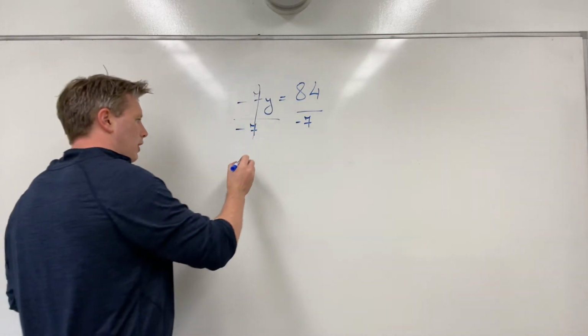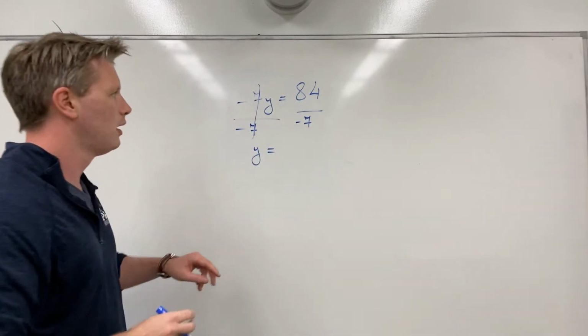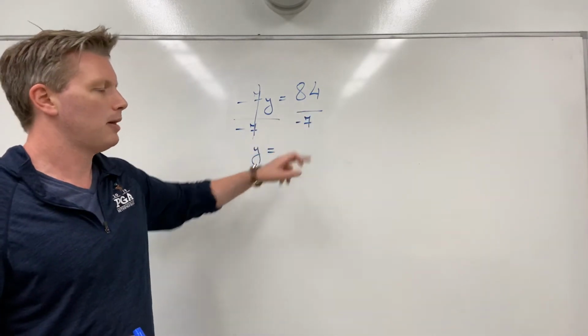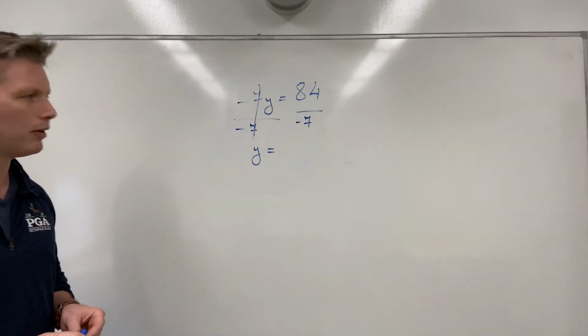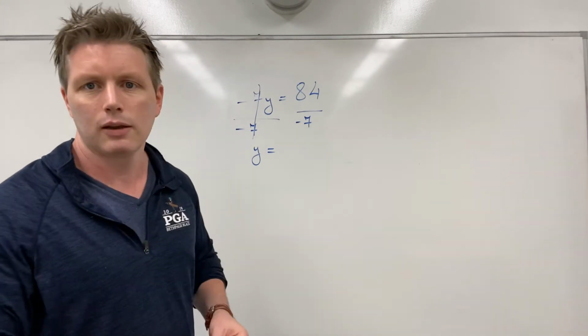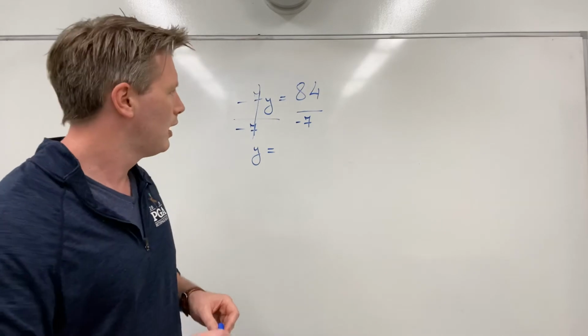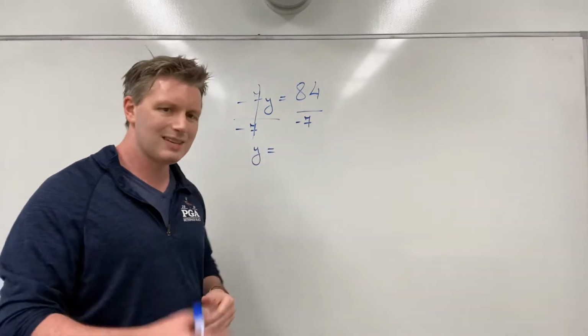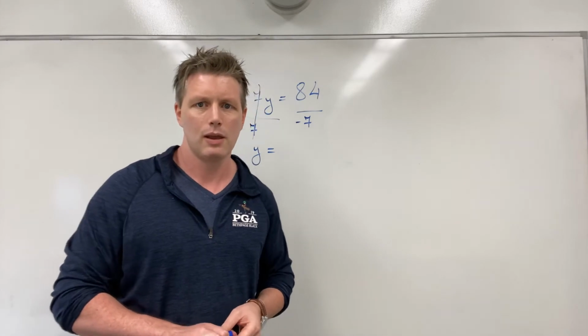And so I'll be left with, on the left-hand side, y is equal to 84 divided by minus 7. All right, 84 divided by minus 7. You can break out your calculator if you like, but this is a time where knowing your times tables is very useful. 84 divided by 7, well, 7 times 12, if I'm not mistaken, is 84.